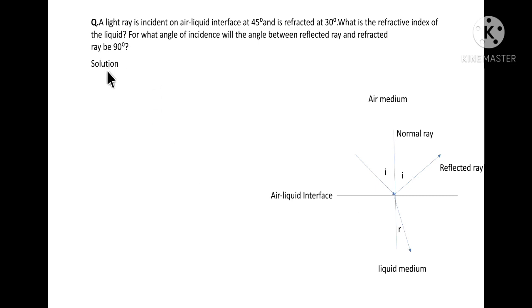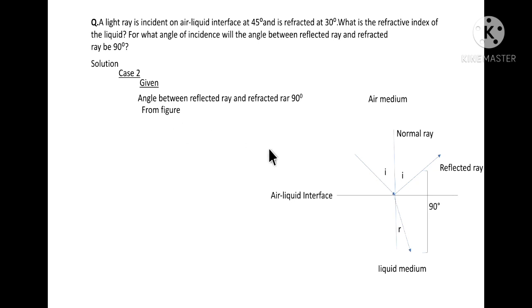Now let us solve. According to the question, this is case 2. He has given that the angle between the reflected ray and refracted ray is 90 degree. So that can be written as the given condition: the angle between reflected ray and refracted ray is 90 degree.